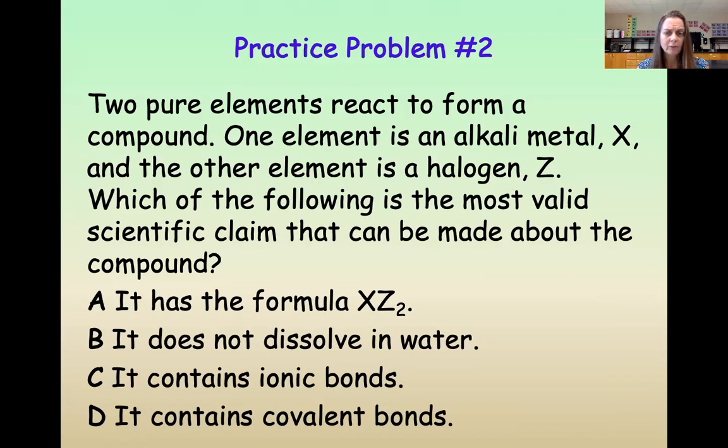Well, we don't know. Most halogen salts and most alkali metal salts, well, all alkali metal salts dissolve. So we know it does dissolve. It contains ionic bonds. That's very likely. Even though we don't know electronegativity values, we know that these two things are on opposite sides of the periodic table, so they're going to have very big differences in their electronegativity values. So it is going to contain ionic bonds.